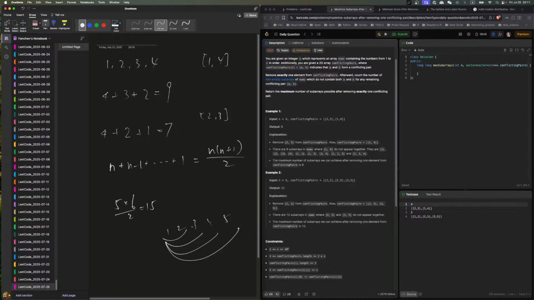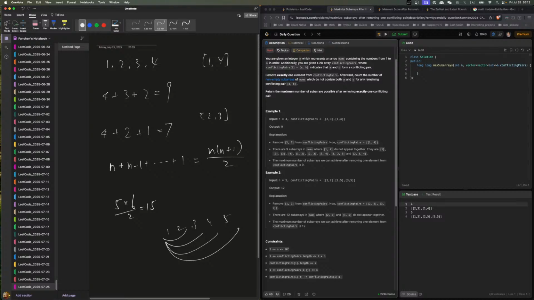So the best we should do is, if they have duplicates, why do you remove 1, 2?